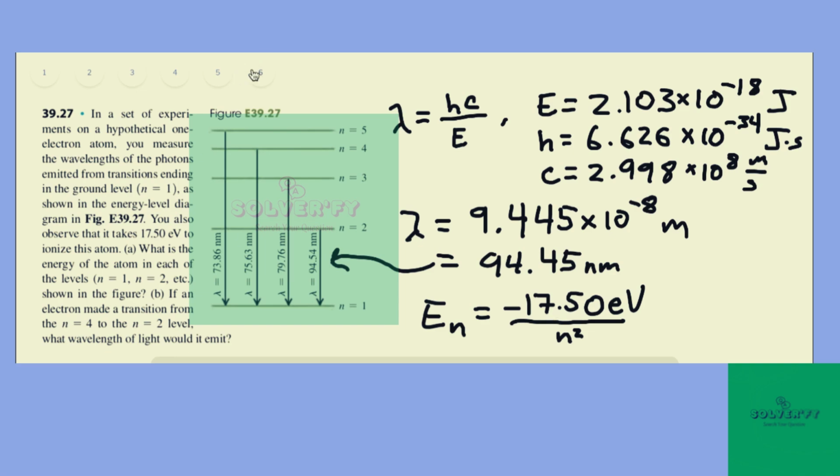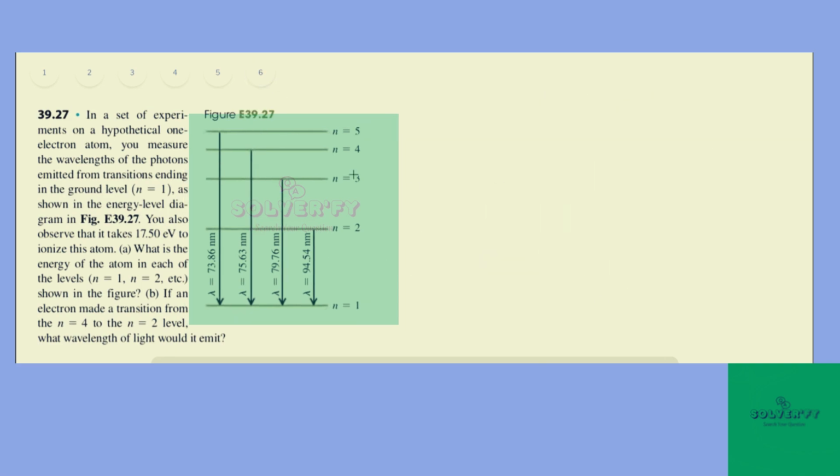Awesome. So now we have just one more thing to do, and that is we want to find the wavelength of light when we go from n equals 4 down to n equals 2. This is going to be exactly the same calculation as we did from n equals 2 to 1, just with different values for n.